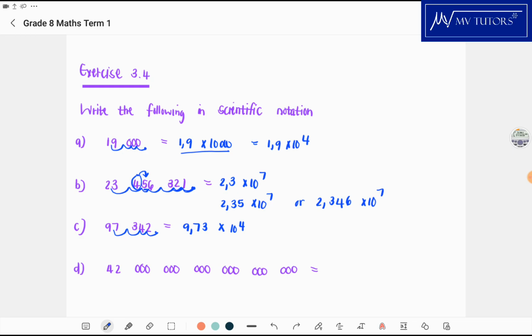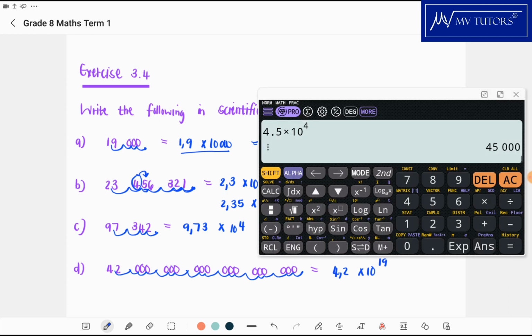So what I'm going to do then, I'm going to say 4,2 times 10 to the power... So here we are: 1, 2, 3, 4, 5, 6, 7, 8, 9, 10, 11, 12, 13, 14, 15, 16, 17, 18, 19. So it's 4,2 times 10 to the power 19. I think that we can check in the calculator.